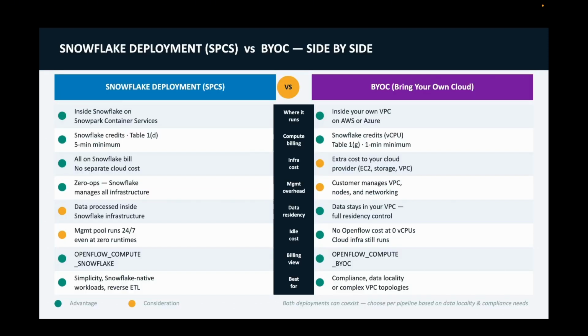And we can clearly see the difference between SPCS and BYOC in this slide. On the left side, you see SPCS, which is also called a Snowflake deployment. On the right side, you see bring your own cloud. So with SPCS, your data is processed inside Snowflake on Snowpark Container Services.